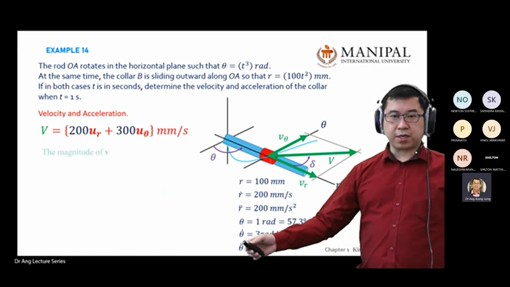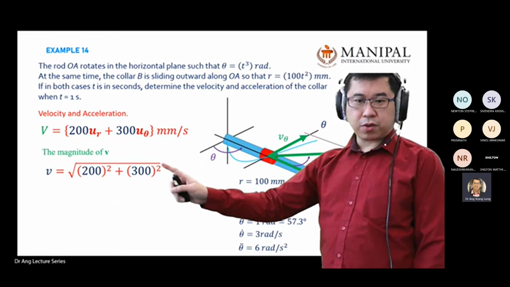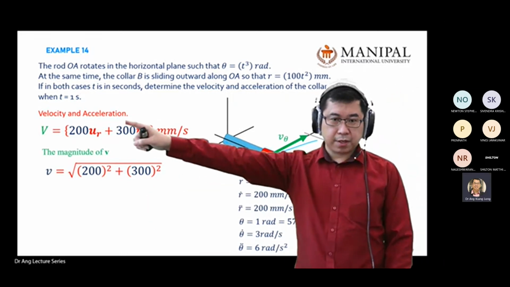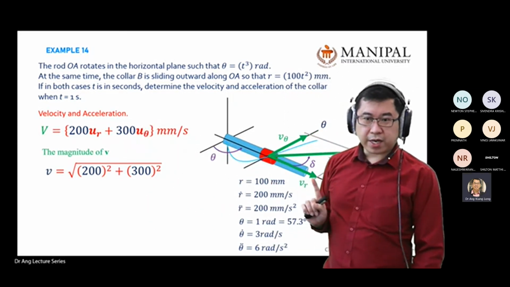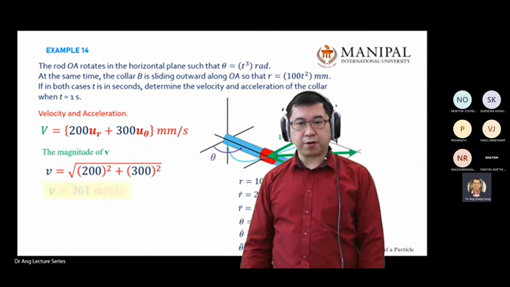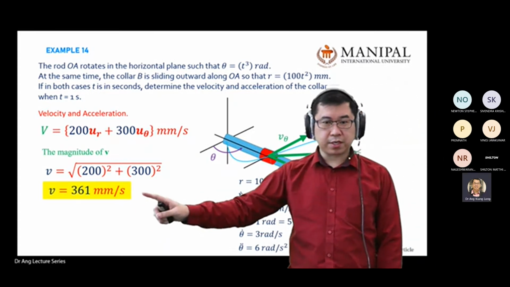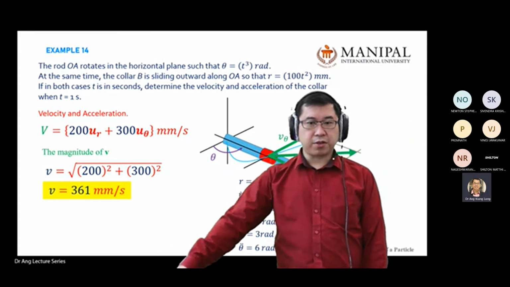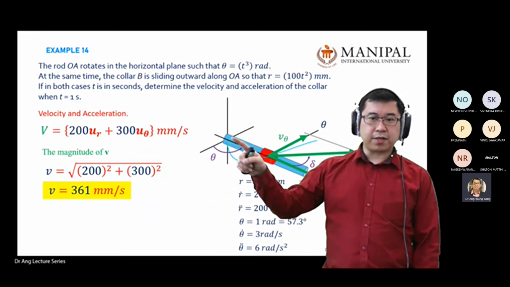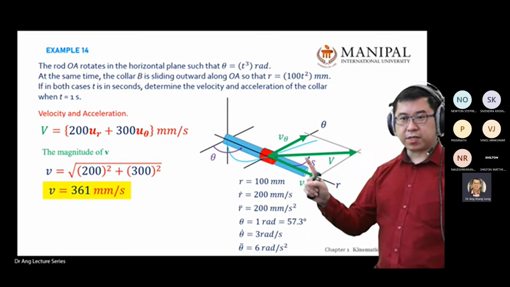So you use the traditional equation, square plus square, square root. This one squared, and then you square root, you get the magnitude of your V, which is 316 mm per second, but the value is not important. What matters is that you understand why and how you get the resultant magnitude.